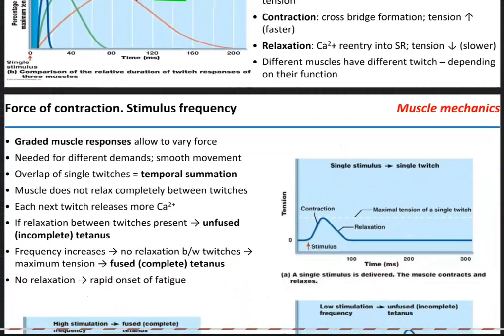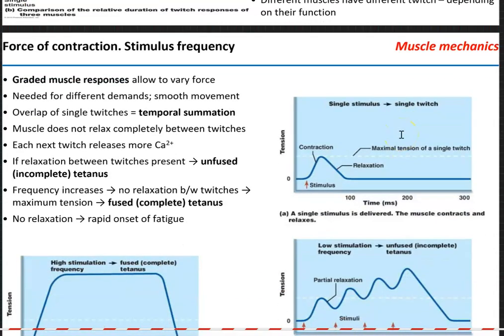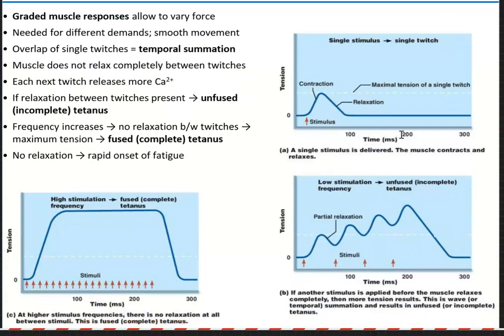So as we mentioned before, one of the mechanisms that regulates the force of contraction is the frequency of stimulus. This works exactly like the temporal summation on the synapse in the neurons.